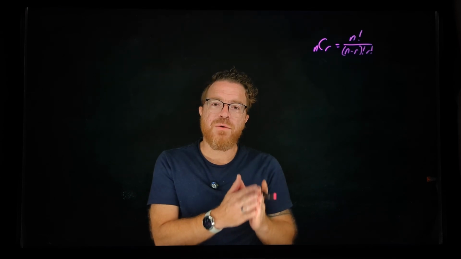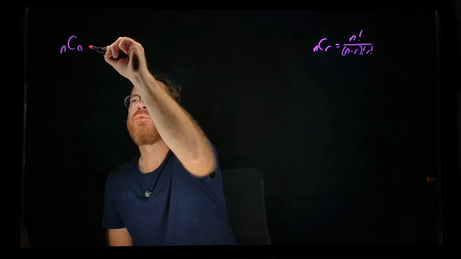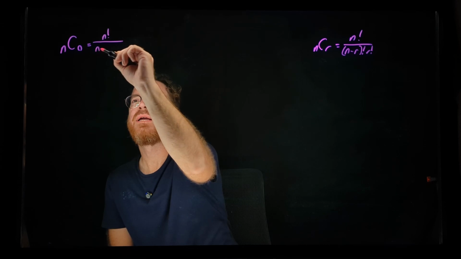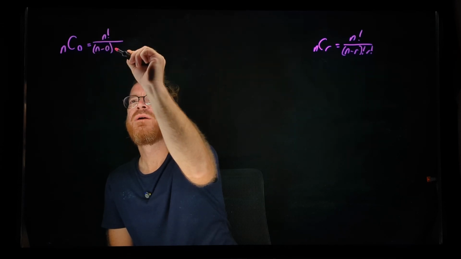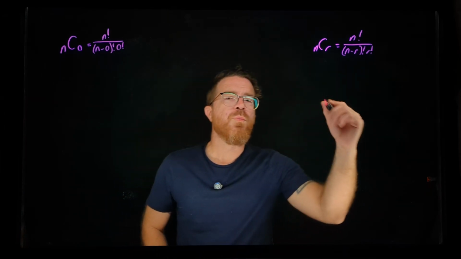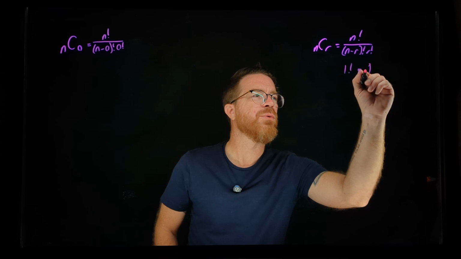So the first pattern that arises is that, let's say that we have n choose 0. So if we were to plug this in, we're going to get n factorial divided by n minus 0 factorial times 0 factorial. Well, whenever we have 1 factorial, this is going to be equal to 1.